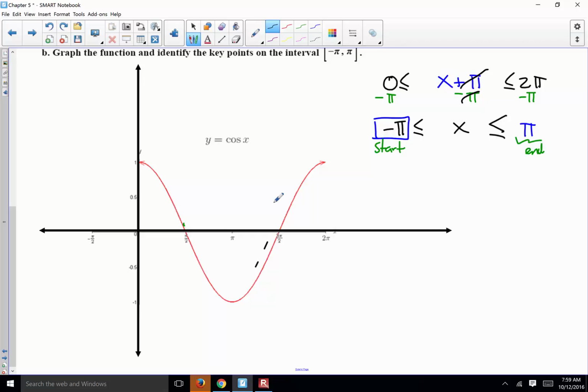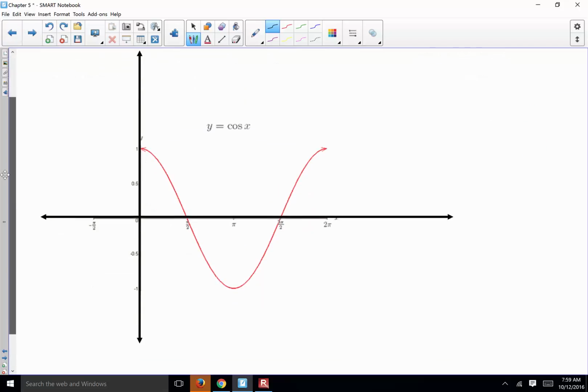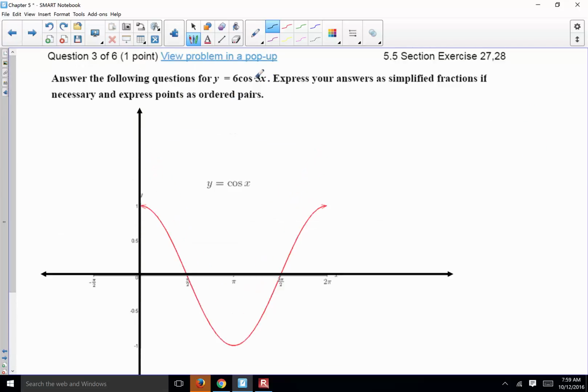In other words, is the period gonna be different? What is the new period? It's the old one divided by b, right? 2 pi over b is always how you compute period. Here, for example, the period was 2 pi over b. What is b? 3. The period was shortened.